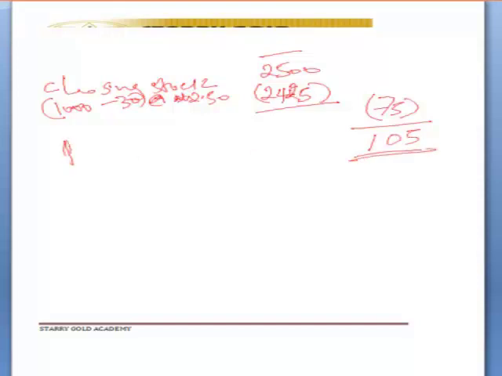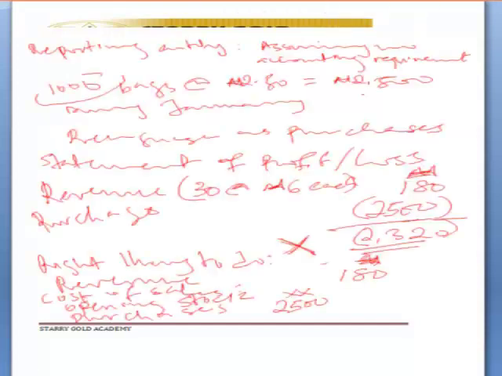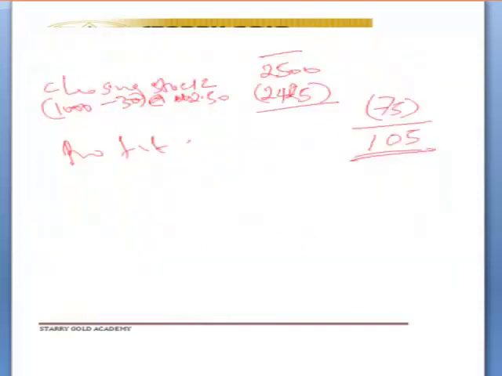This is what we call profit. Don't forget, our previous layman definition without an accounting requirement gave us a loss position of 2,320, but what we have here gives us a profit position of 105.